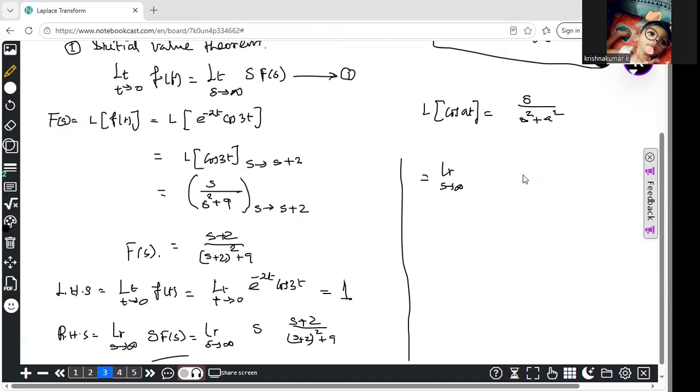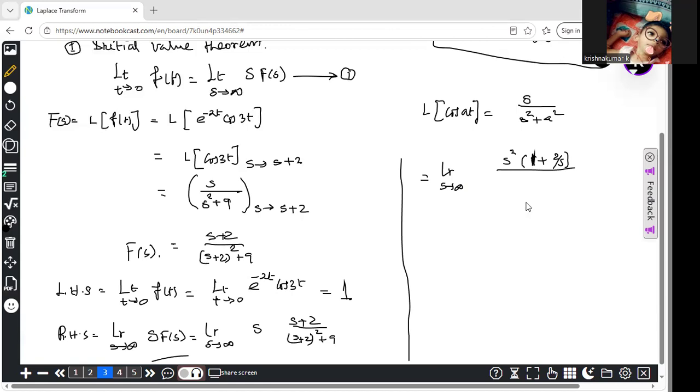From the denominator you take s commonly outside, and in the numerator also I will take s commonly outside. So the numerator becomes s into (1 plus 2 by s), isn't it?